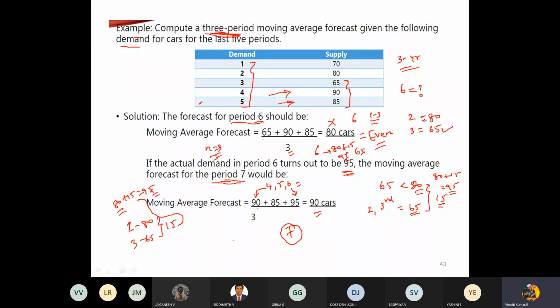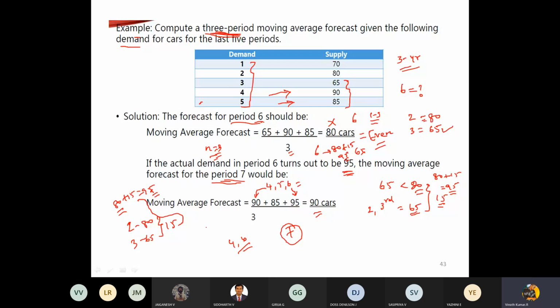You take the values for 4 to 6. 90 is an even number, so again you check whether that value is beside or not.